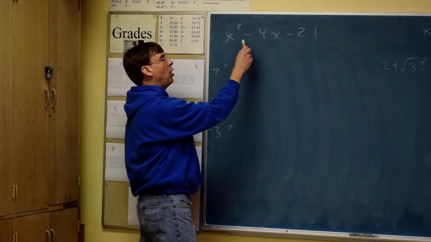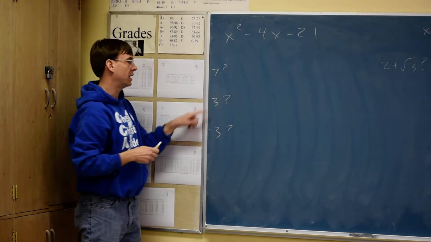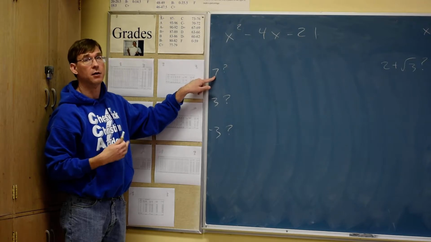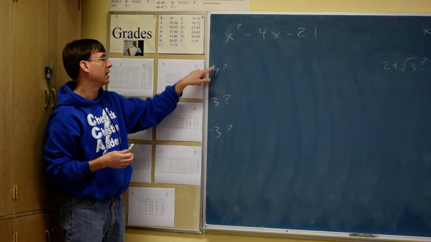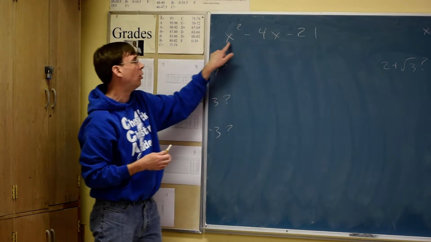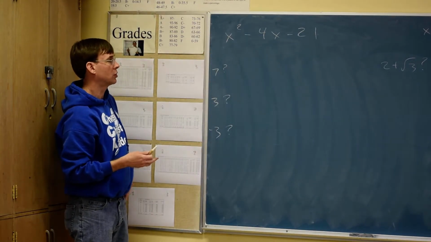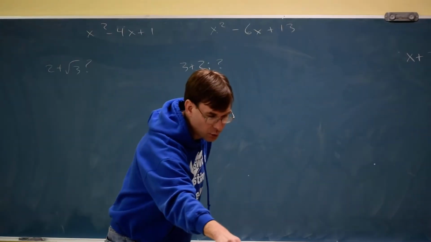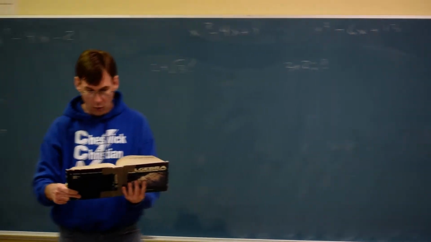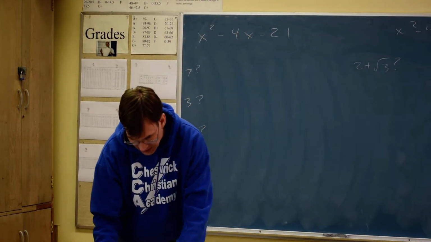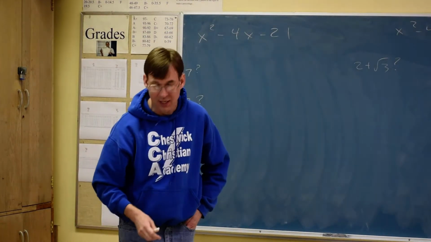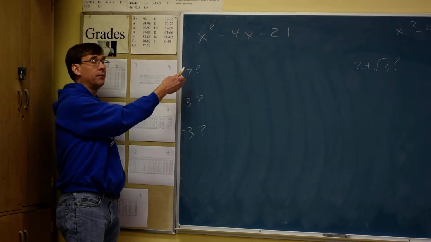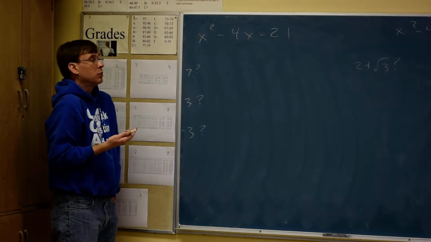But they're giving you a polynomial and they're asking you something like, is 7 a root? Not a square root. Is it a root? A word in this chapter meaning if you plug 7 in for the variable, will it get you 0? So all you're going to do on the first group of the homework, on page 467, 1 through 4, each has an A, B, C, D kind of thing going on, is take the number, put it in for the variable, and just see if it equals 0.